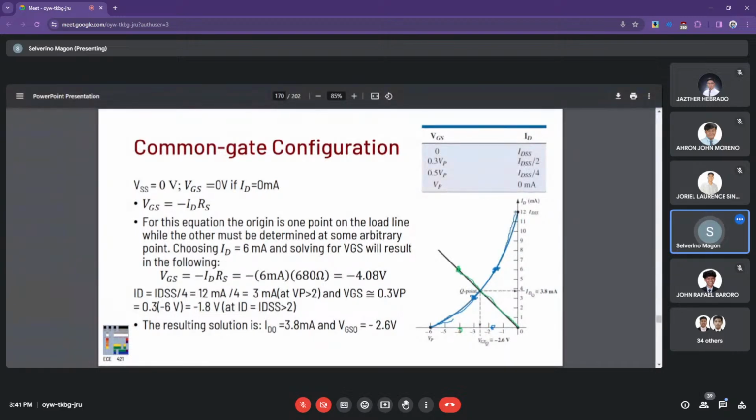All right, so VGS at 3 milliamps is at point 0.5.